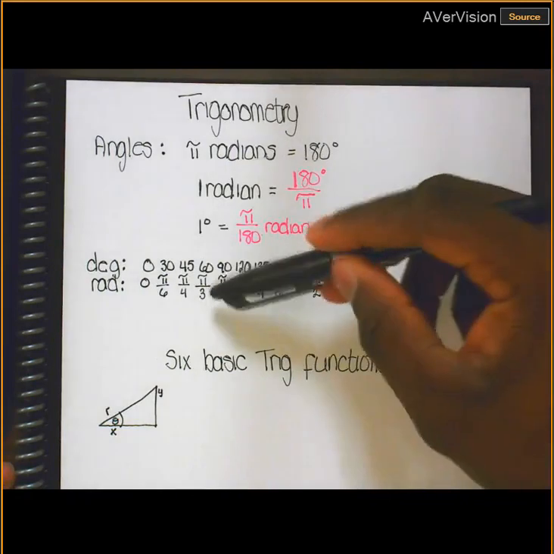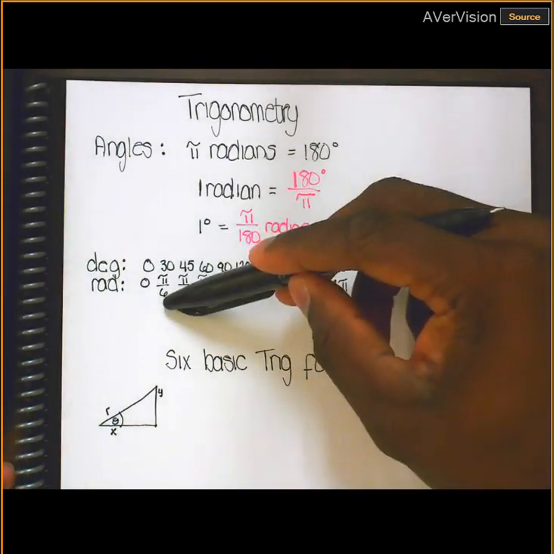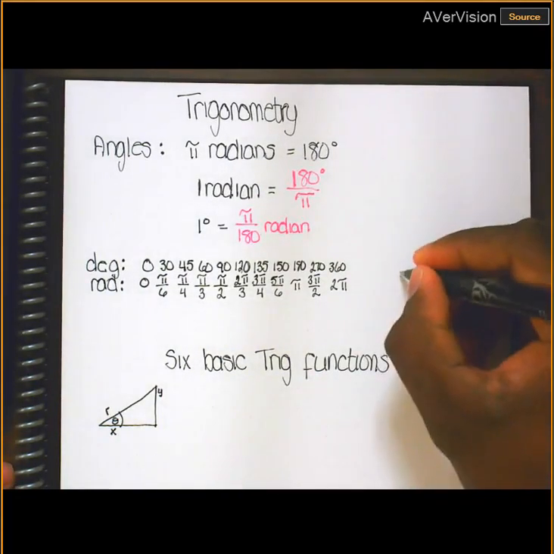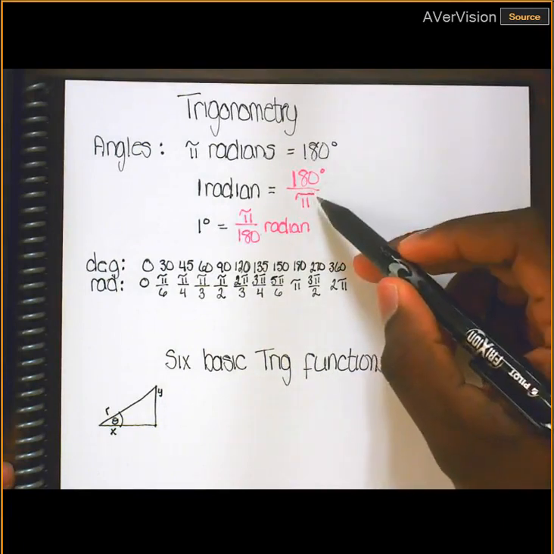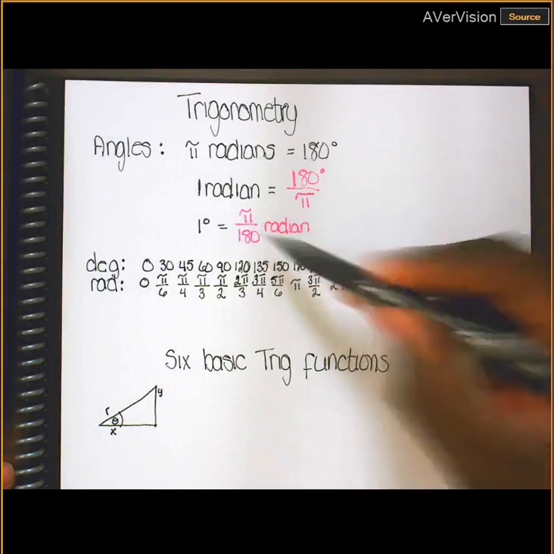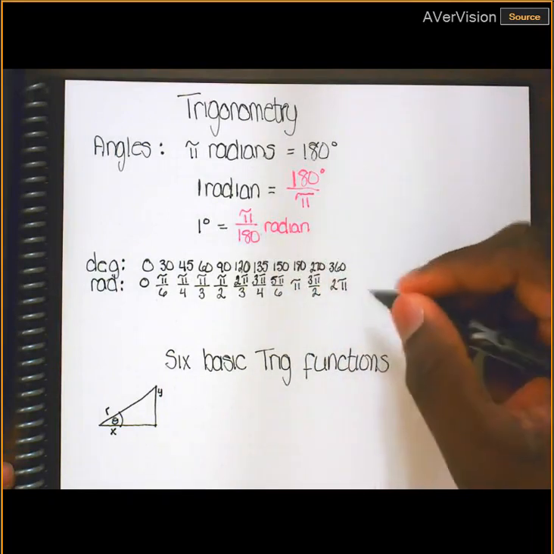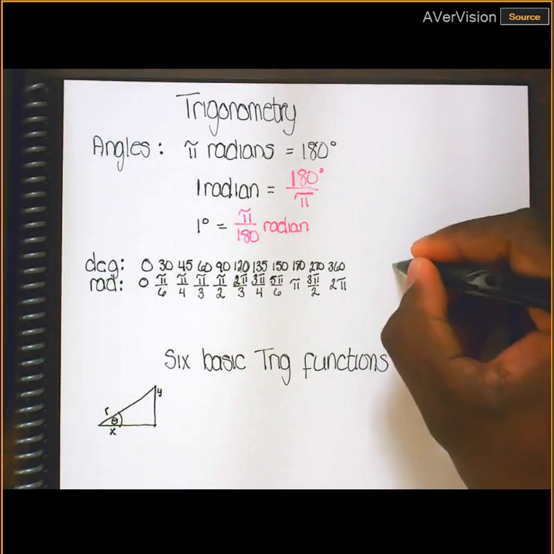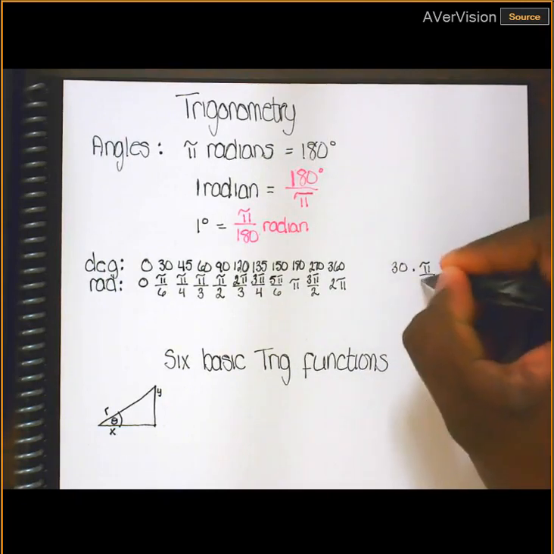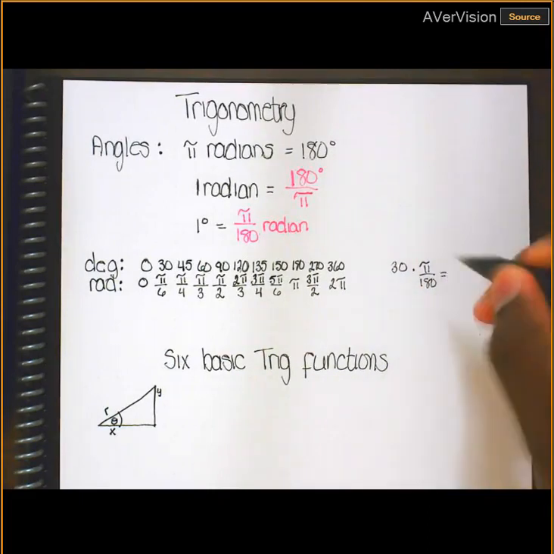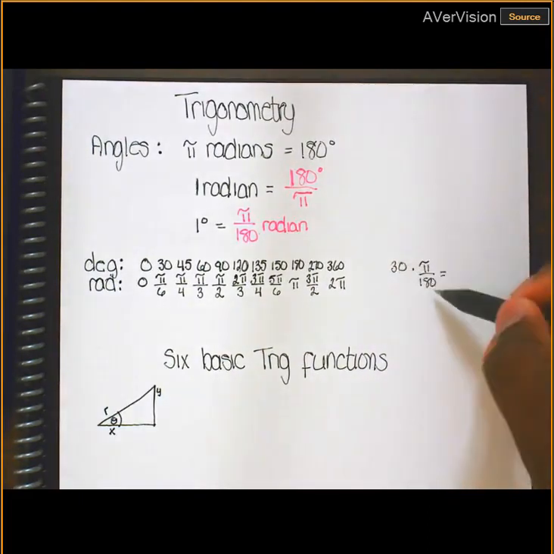All right, so basically all we did to get from here to here, we had 30 degrees, and we multiply that by pi over 180 to figure out what the radian is. So if we multiply 30 by pi over 180, what is 30 divided by 180?